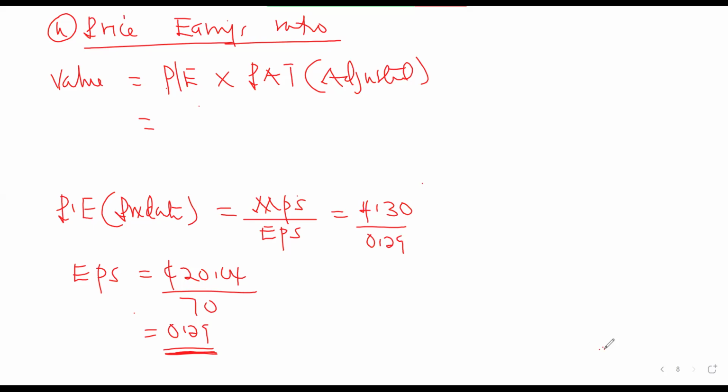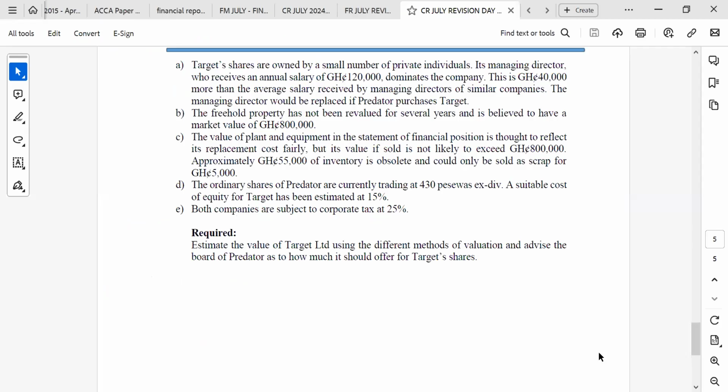What are we having? It's supposed to be 430 pesos, not 430. If you divide by 100 pesos, we get cedis. Is that correct?